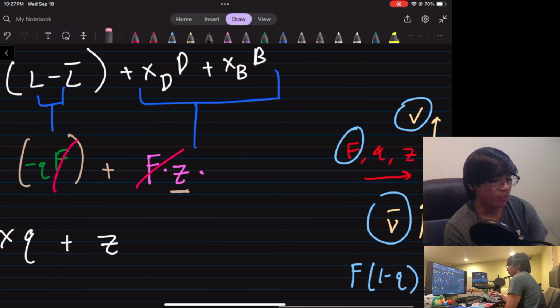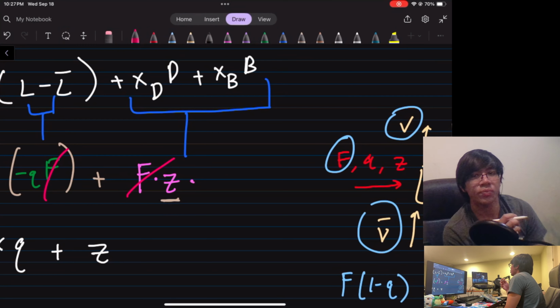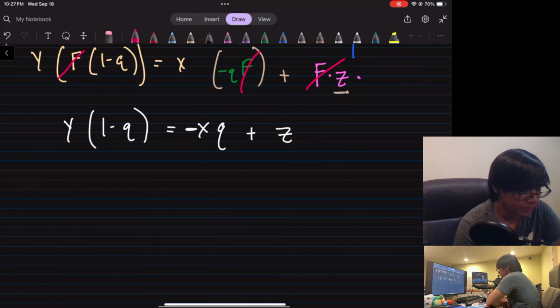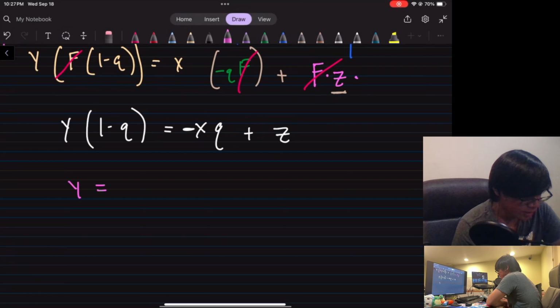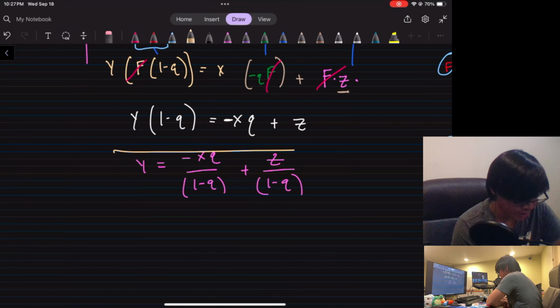You can say our more volatile component is these two values because remember we wrote our bottoms and our distillate in terms of our more volatile component, but Q specifically is just the liquid fraction of the feed. It doesn't necessarily mean that the liquid fraction of the feed is all the more volatile component. So that's why we can't write a Q there. So now, just isolating y so we can graph this, we have negative xq over 1 minus q plus z over 1 minus q. So that is our q line.